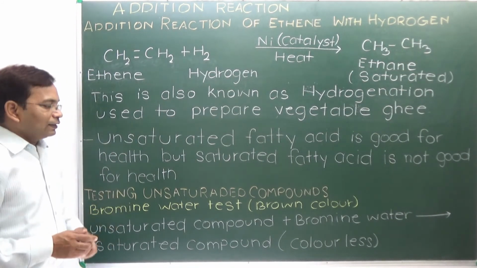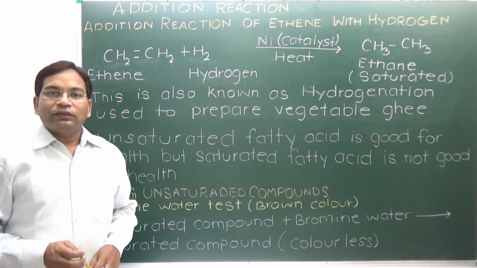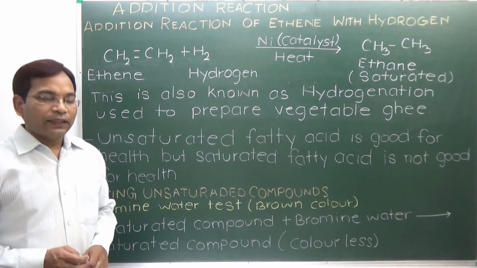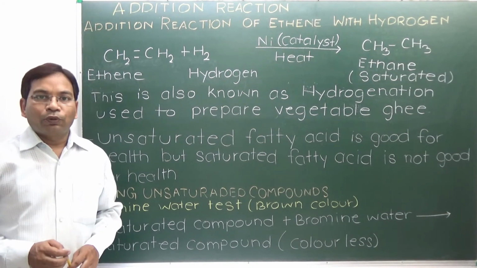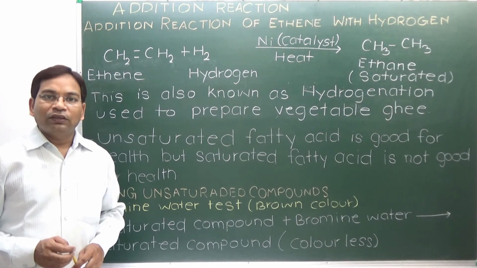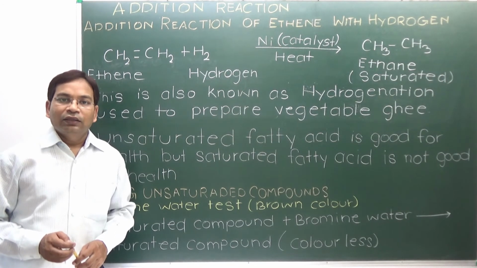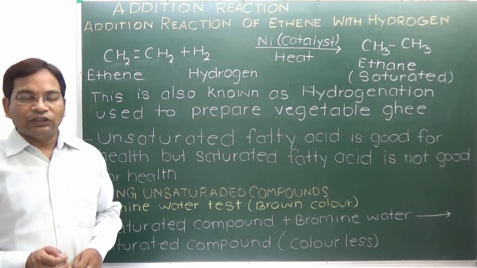Here is the test for unsaturated compounds. Unsaturated compounds can be tested by bromine water. Bromine water contains the halogen bromine, which is a halogenating agent.